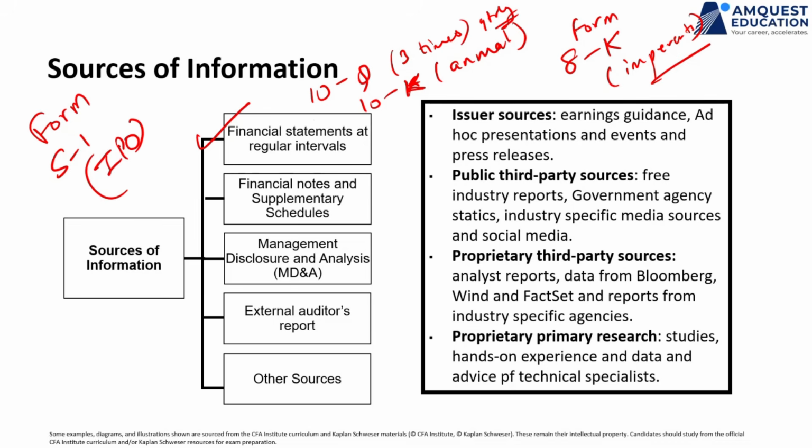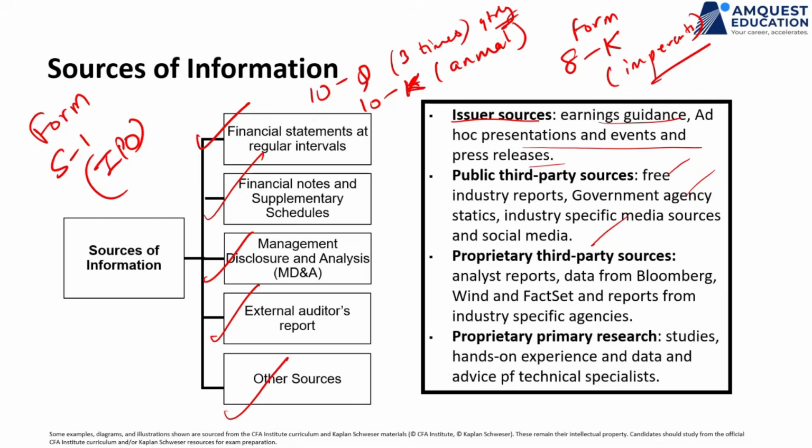So you will get financial statements, you will get financial notes, a section on management discussion analysis, auditor report, and other sources. Now, all of this in terms of issuer sources, you will get earning guidance, ad hoc presentations, and events and press releases. There are public third-party sources which are free. Free industry reports, government agencies, industry data, social media.